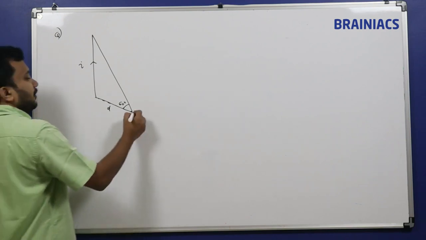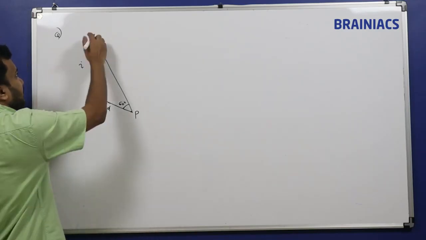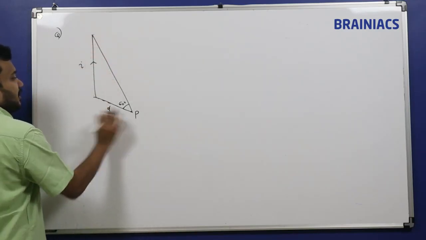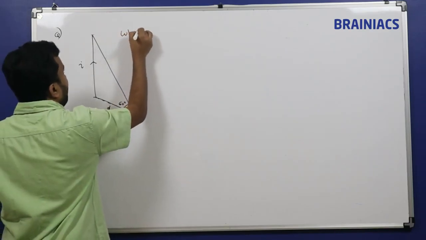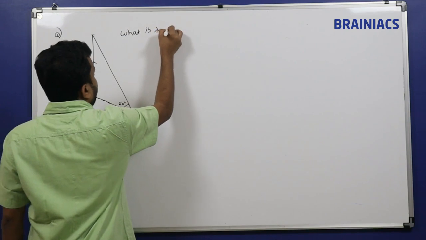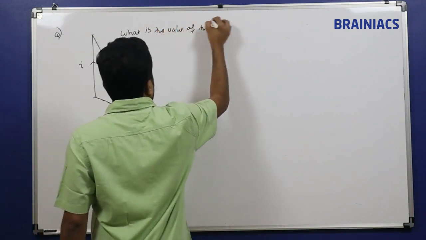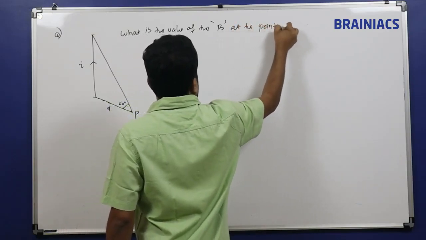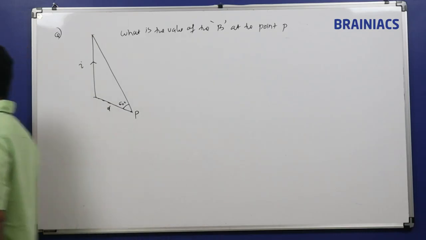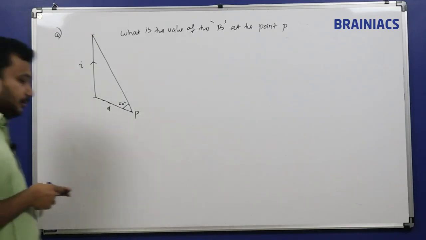Okay, we need to find out the magnetic field at point P. See, this is a finite conductor, so we need to find out the magnetic field B at the point P. So what is the value of the magnetic field at the point P?